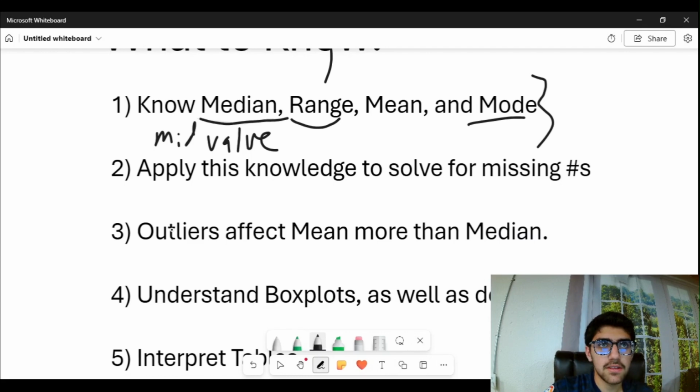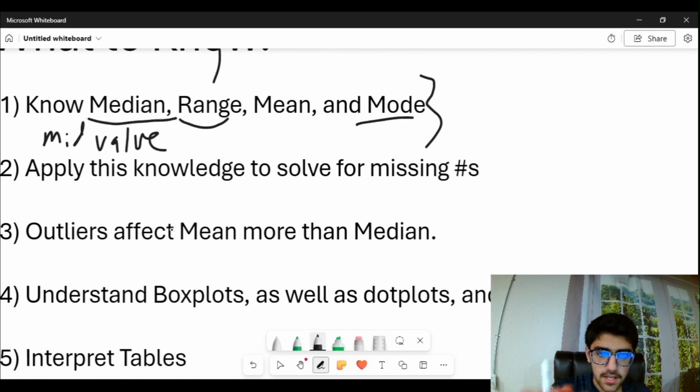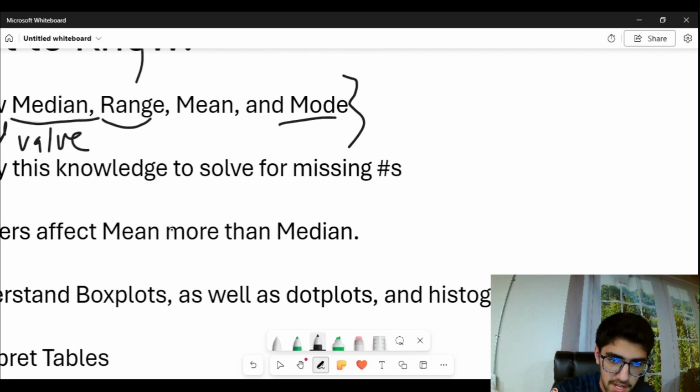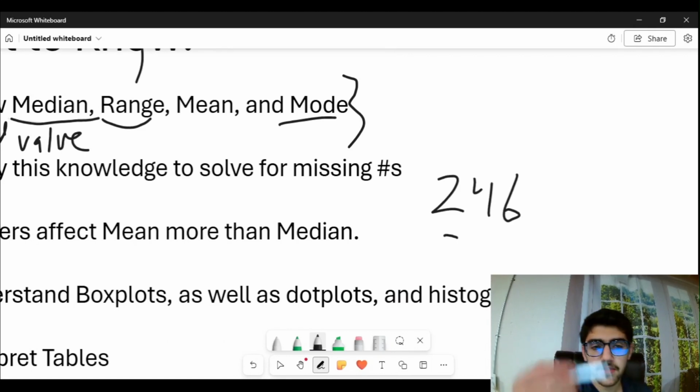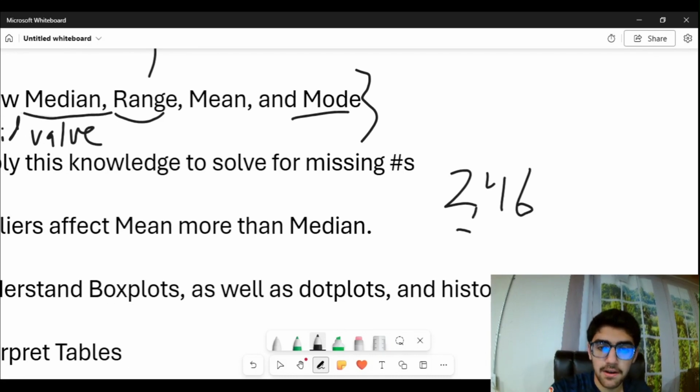A good thing to know is outliers affect mean more than median. Sometimes there are questions with a bunch of data sets asking you to compare the mean and median. The mean is impacted more by outliers than the median. So let's say you have 2, 4, 6, and then they add a fourth number, which is 20.